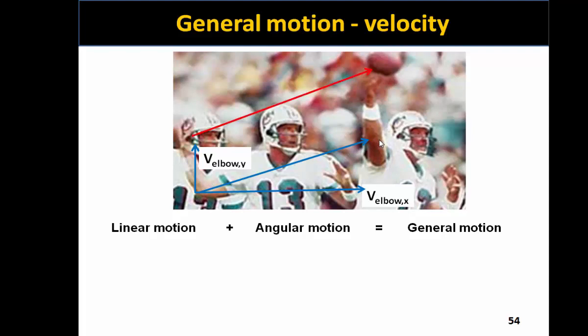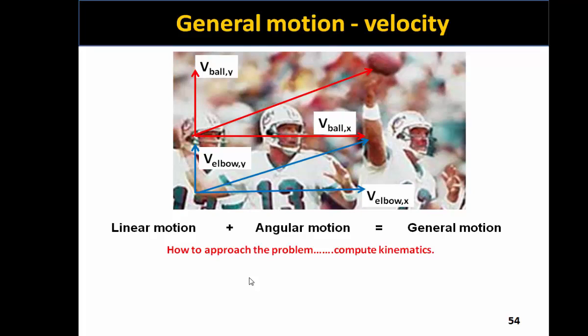Because the forearm, hand and ball act as a single unit, we can translate the elbow velocities into the ball velocity at the distal end of that extremity. So the horizontal velocity of the ball will be the same as the horizontal velocity of the elbow, and the vertical velocity of the ball will be the same as the vertical velocity of the elbow, just at the instant prior to the release of the ball.